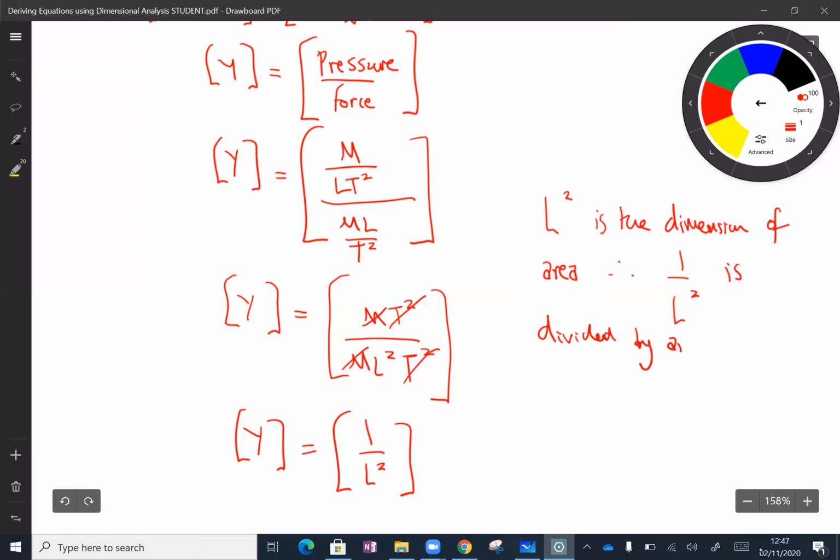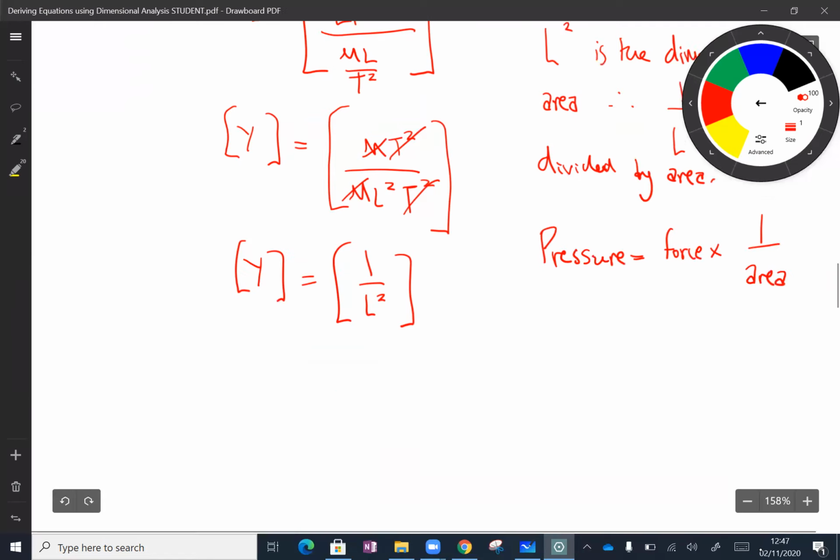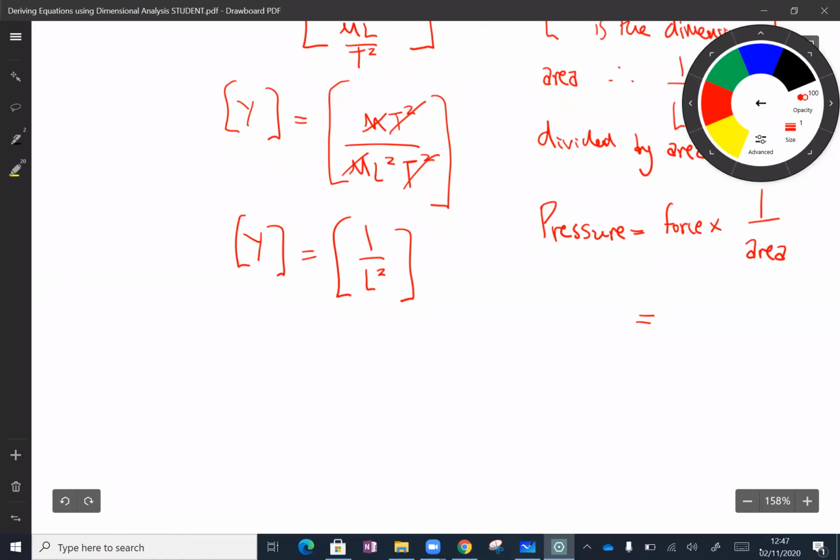So we've got pressure equals force times 1 over area, which you write as pressure is force over area. If whatever you get is the reciprocal of a quantity, then it's divided by that quantity in the original equation. Which again, pressure equals force over area is right.